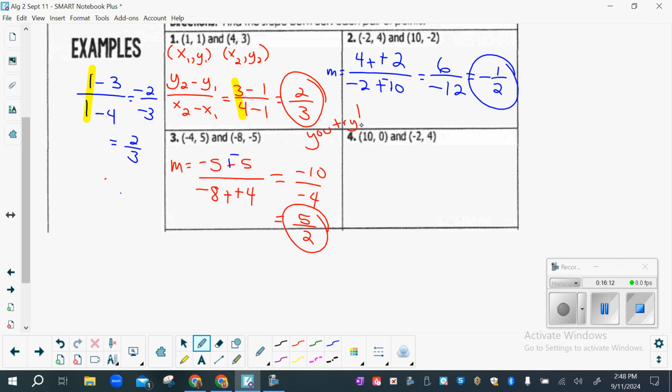Did you get negative? I got no negative. Well, it could be 10 minus negative 2.